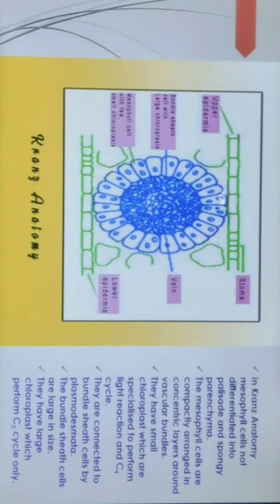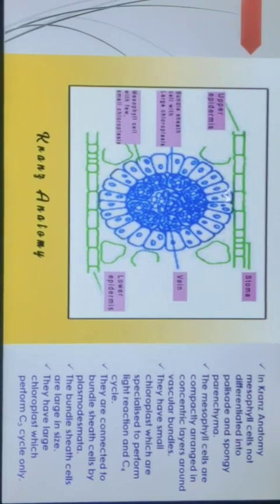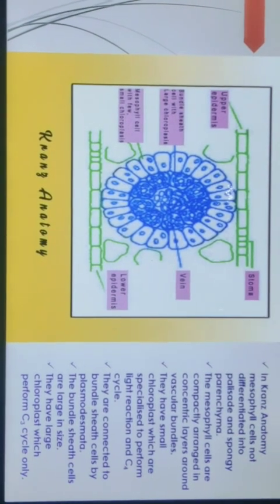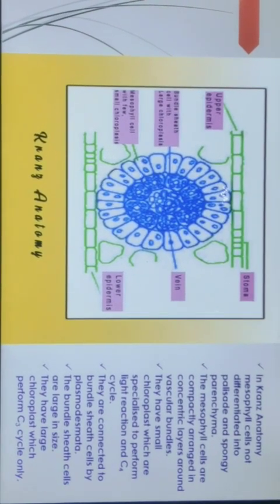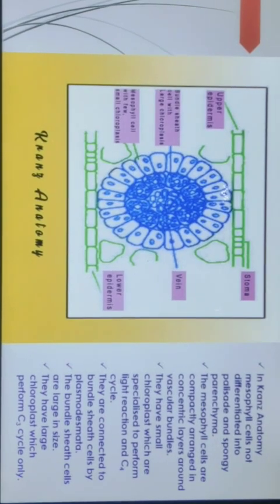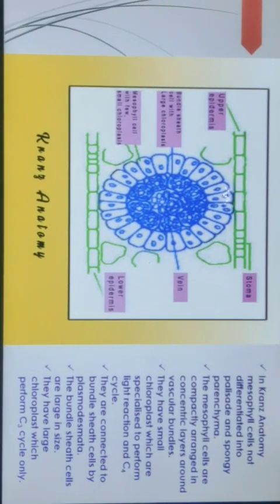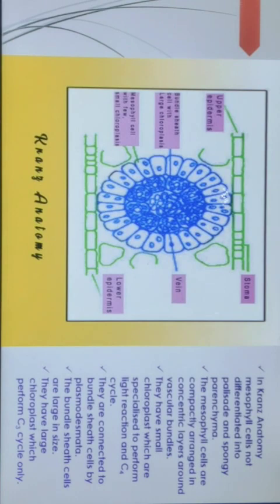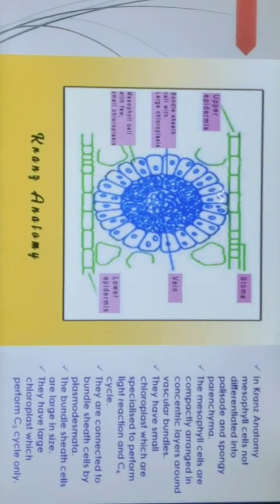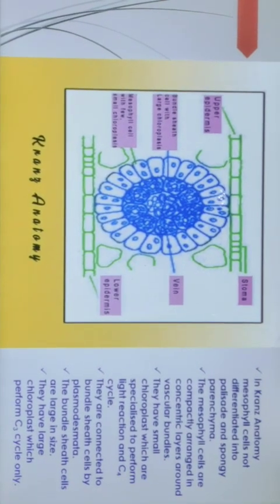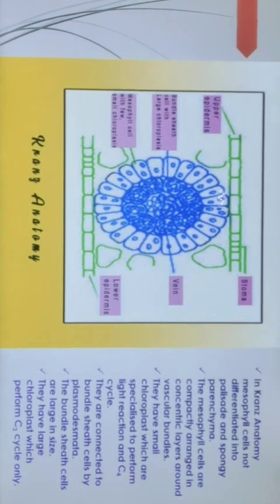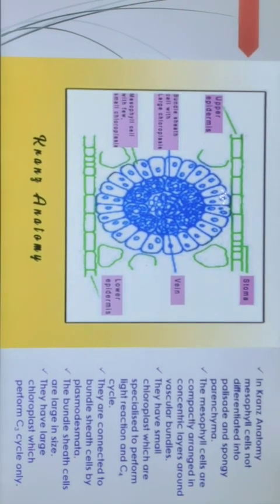Now the bundle sheath cells are the photosynthetic cells which are arranged into a tightly packed sheath around the vein of a leaf. So what are the bundle sheath cells? They are the photosynthetic cells which are arranged into a tightly packed sheath.